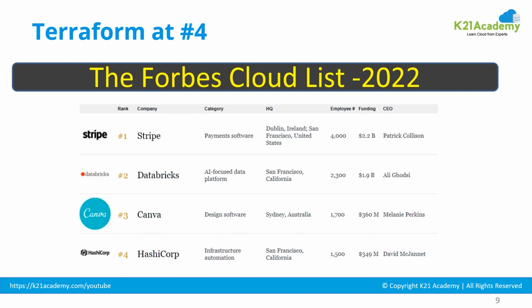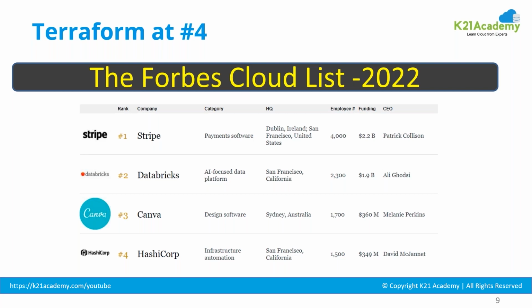The employee strength mentioned here might have changed, because HashiCorp is recruiting a lot nowadays, and they have multiple products too. HashiCorp Vault is there, Vagrant is there. There are many tools which HashiCorp has released with the latest and greatest versions and features.